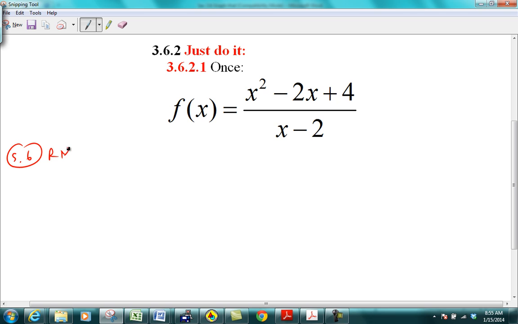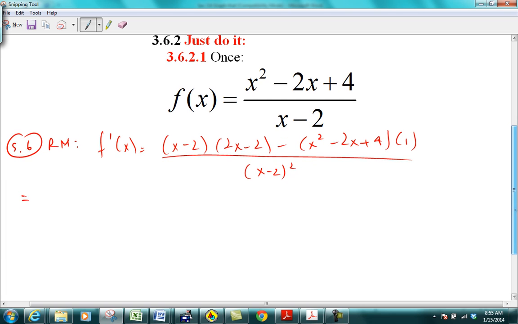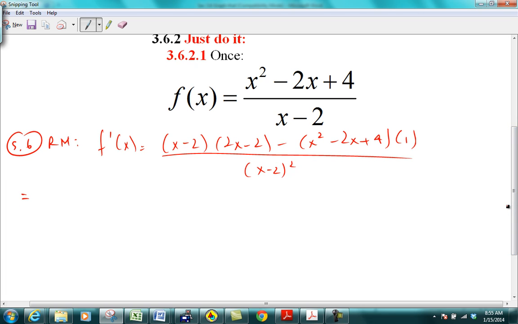All right. So to get the relative min-max, you got to differentiate. So find the derivative. You get keep the bottom, differentiate the top, minus keep the top, differentiate the bottom, which is just 1, all over the bottom squared. And since we need to find critical numbers of this, let's go ahead and simplify.